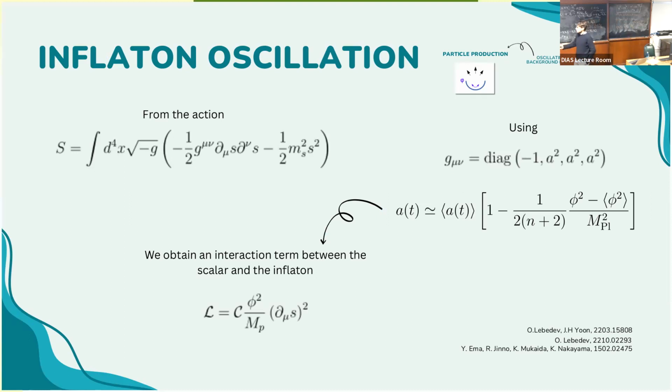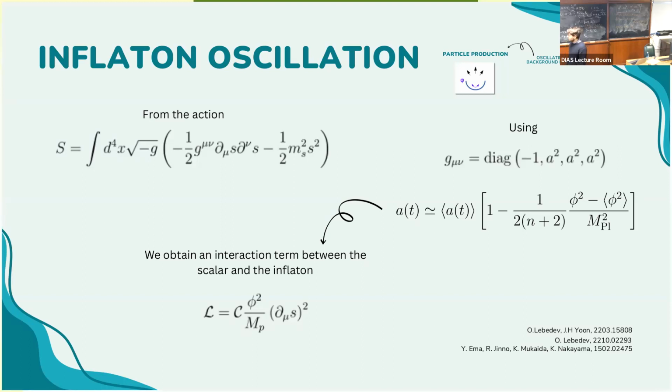So if you write the action for your scalar S, and here you have G, and you plug in an oscillating scale factor A, then you can see that practically you have a coupling between S and the inflaton through gravity pretty much. Because you plug in G mu nu in here, and then since A depends on phi now, then you have a sort of effective coupling between the inflaton and the scalar.